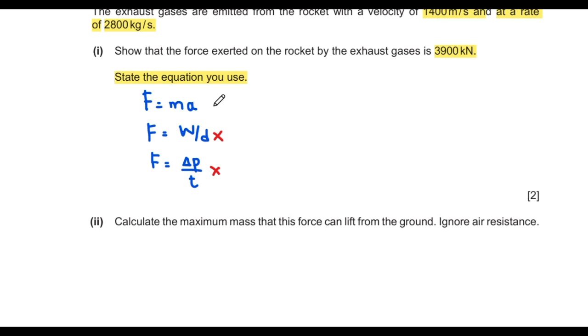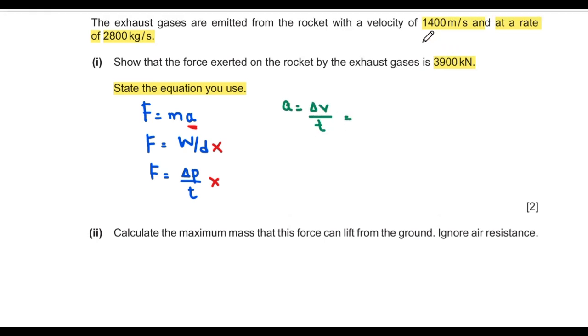So we can calculate the acceleration and we can use the first formula. Now how can we get the acceleration? Acceleration is equal to change in velocity over time. And you know velocity change is 1400, and the time is 1 second because the rate is given in seconds, so I can use the time as 1 second.